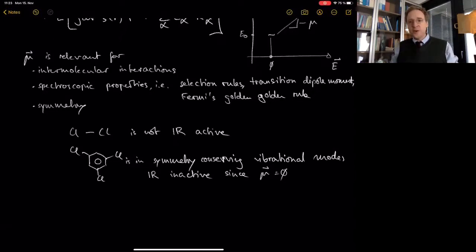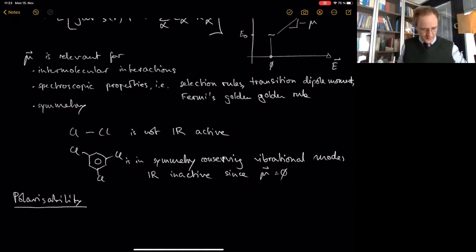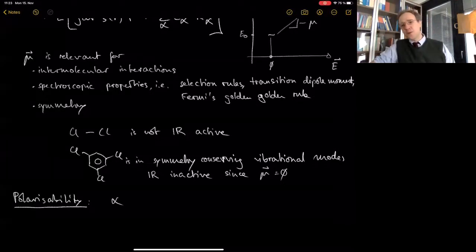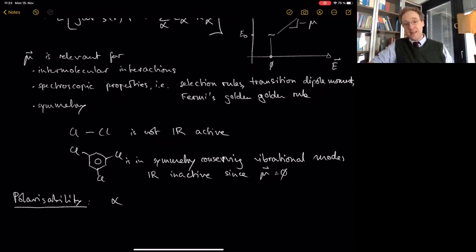Now let's turn to the topic of polarizability. What we use as a symbol here is α. And α, this polarizability, as the name says, has something to do with how polarizable your system is. Now, being polarized or being polarizable are two very different things, right? So you can be very polarized, but hardly polarizable, and vice versa.